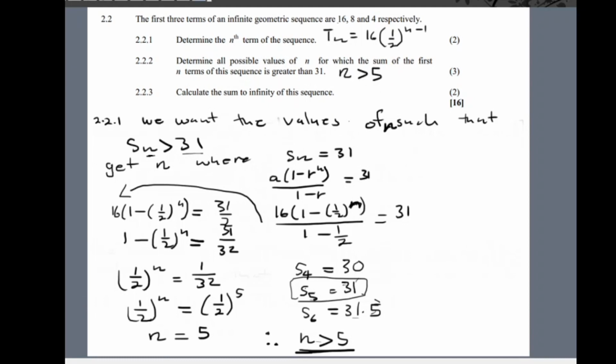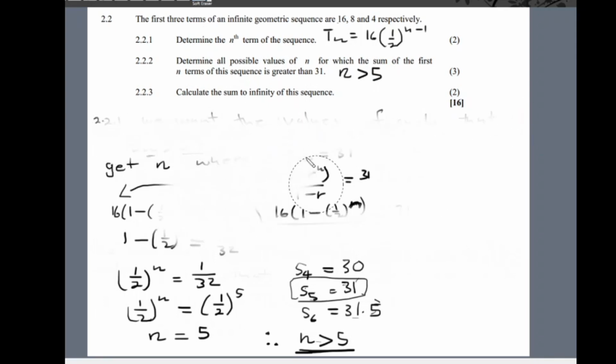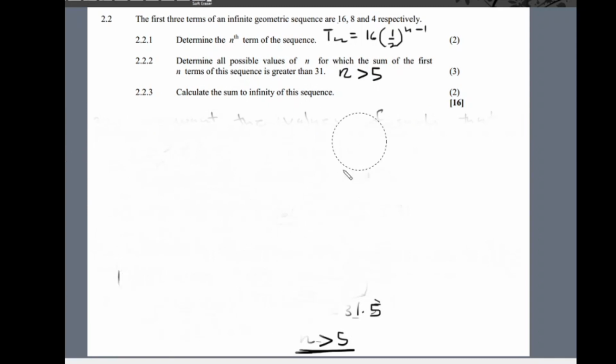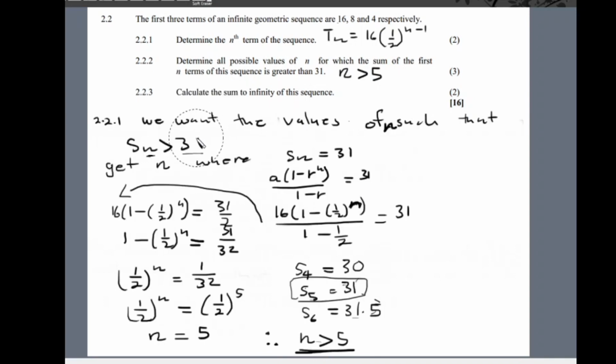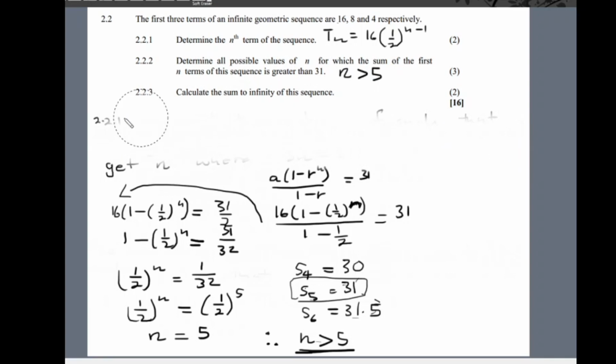And then 2.3, we want to calculate the sum to infinity of this sequence. The sum to infinity of the sequence.